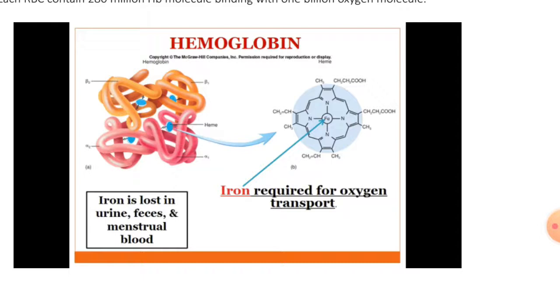The normal range of hematocrit is different between male and female. In male, it is about 40 to 54%, and in female, it is lower than in male. It is about 38 to 46%.